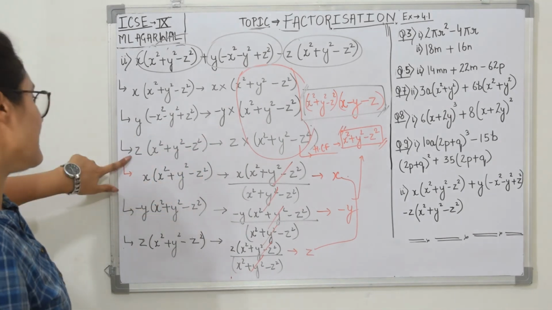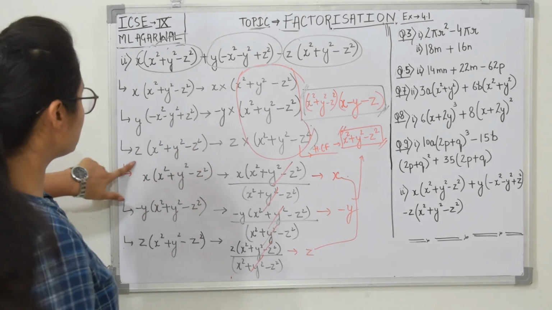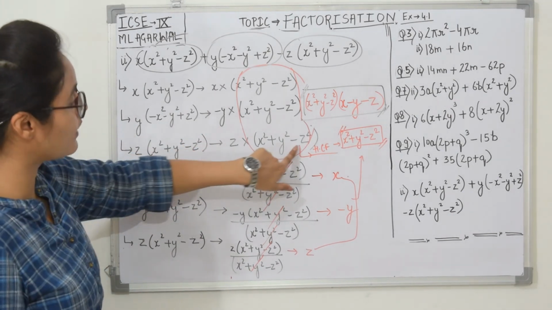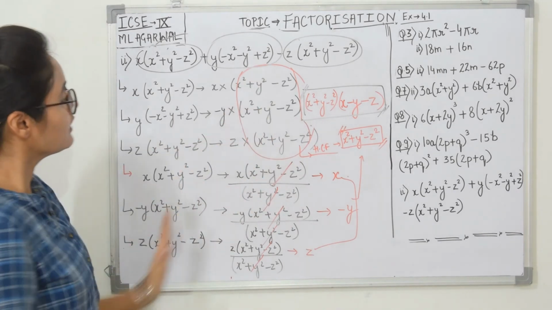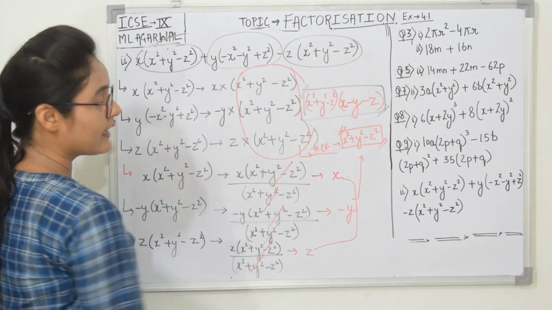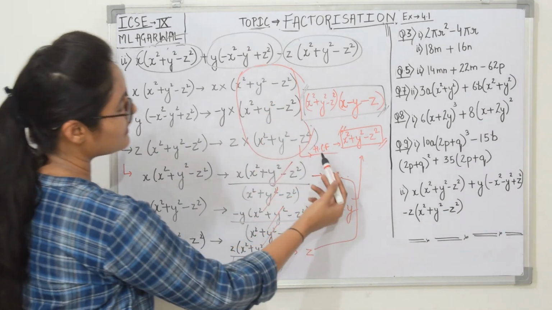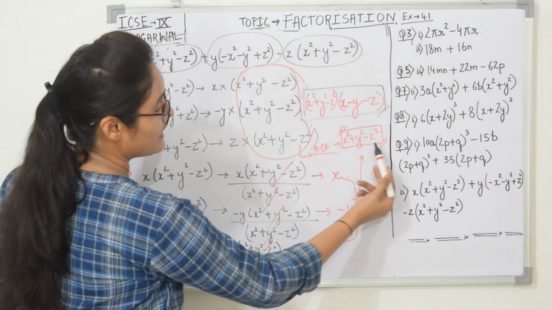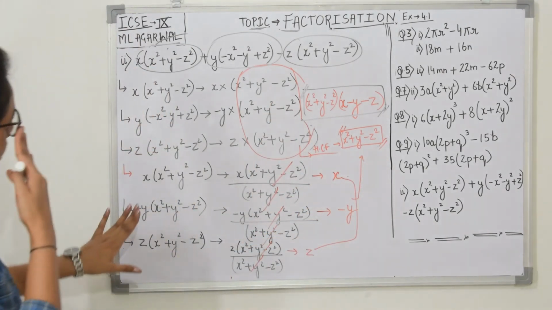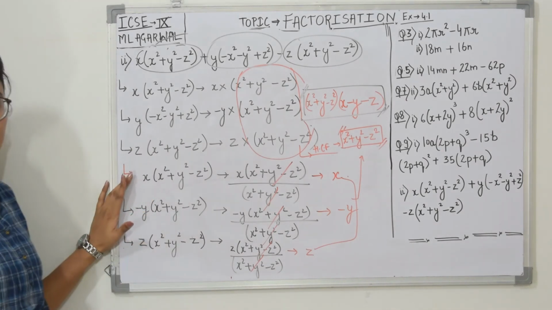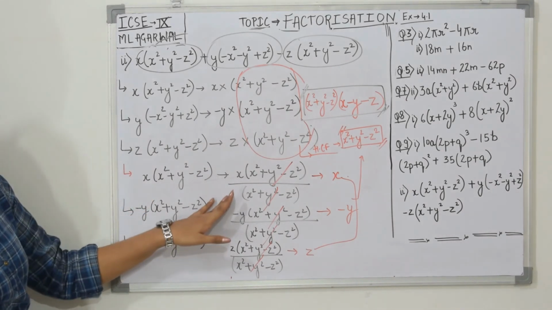Now the last term you can write as it is, z into x square plus y square minus z square. So now your common term you can filter out simply, so your HCF will be x square plus y square minus z square. Also, in the form of division, you will do the same thing.